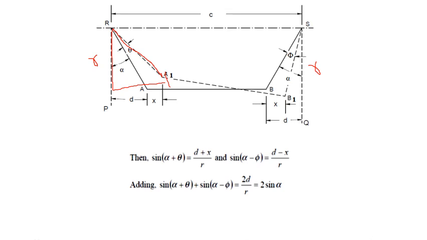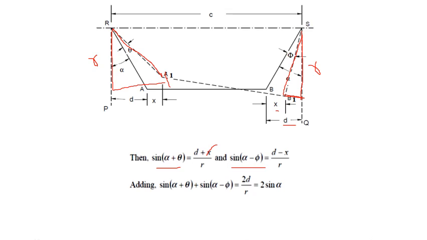Similarly, I will consider only this triangle, that is alpha minus phi. Sine alpha minus phi: the opposite side is d minus x, and the hypotenuse is r. Therefore sine alpha minus phi equals d minus x by r. If I add these two equations, sine alpha plus theta plus sine alpha minus phi becomes 2 times d divided by r.